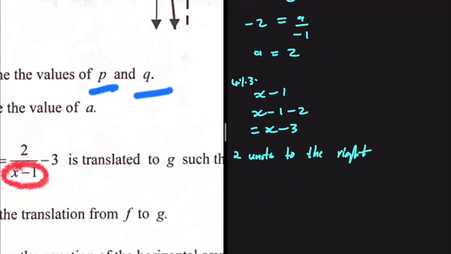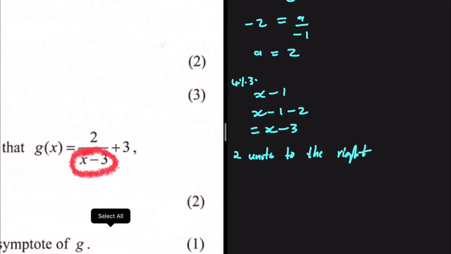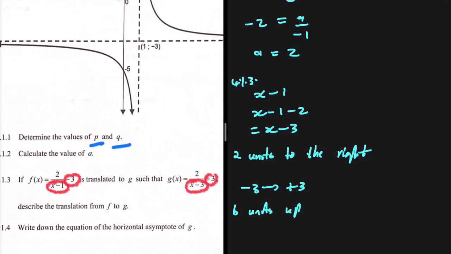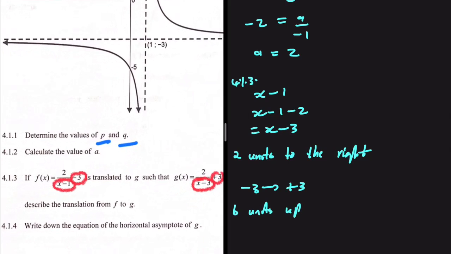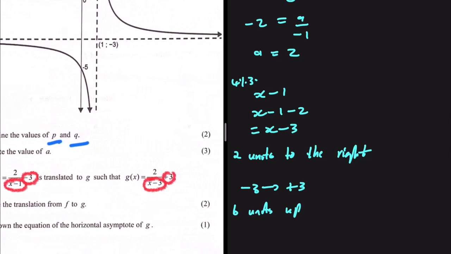On f of x, we have minus 3. On g of x, we have plus 3. From minus 3 to plus 3, you need to add 6. So we have shifted our graph 6 units up. So here we're going to have 6 units up. 4.1.4: write down the equation of the horizontal asymptote of g.